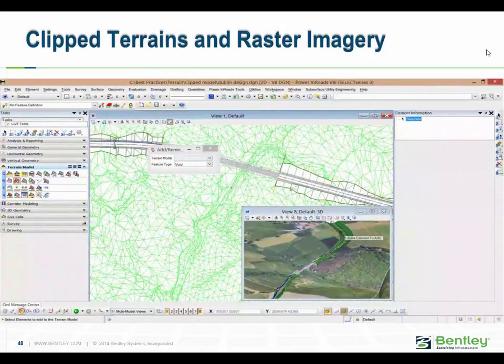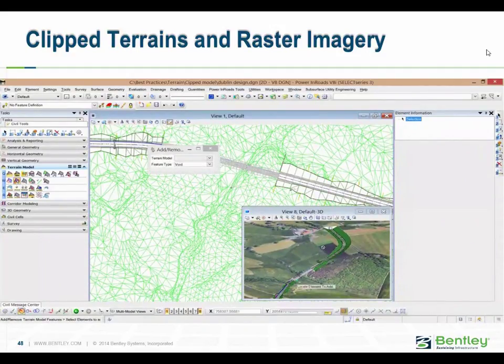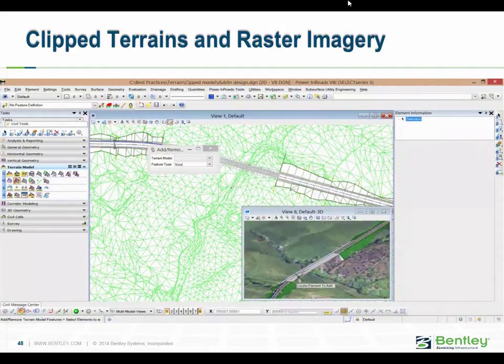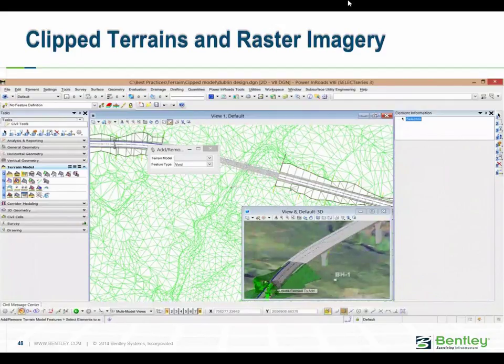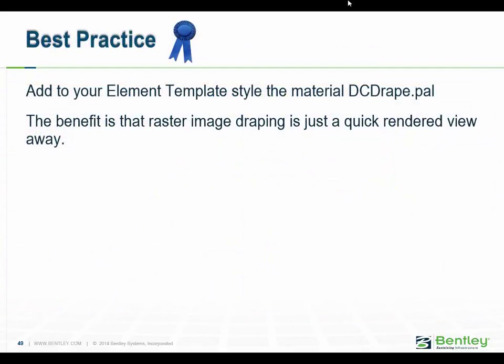Now the second corridor has been added in as clipped, and obviously we can continue to add into that and evolve the design as it goes along. So we get ready visualization as we're running through the design process and continue to evolve and improve on the visualization that we're producing. Again, with regards to getting that design time visualization, it comes back to adding that DC drape material back into your element templates.